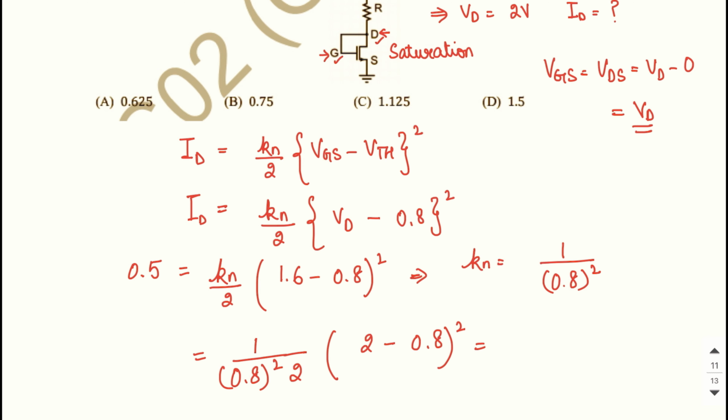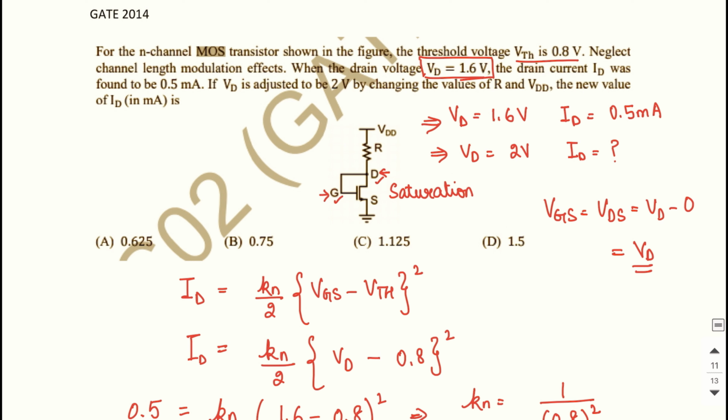So this will give you 1.2 whole square divided by 0.8 into 2. Once you solve it, the answer that you will get is 1.125, and I did not change the milli, so yes, now I can substitute. This is 1.125 milliamperes, and yes, we have that option, so the answer is option C.